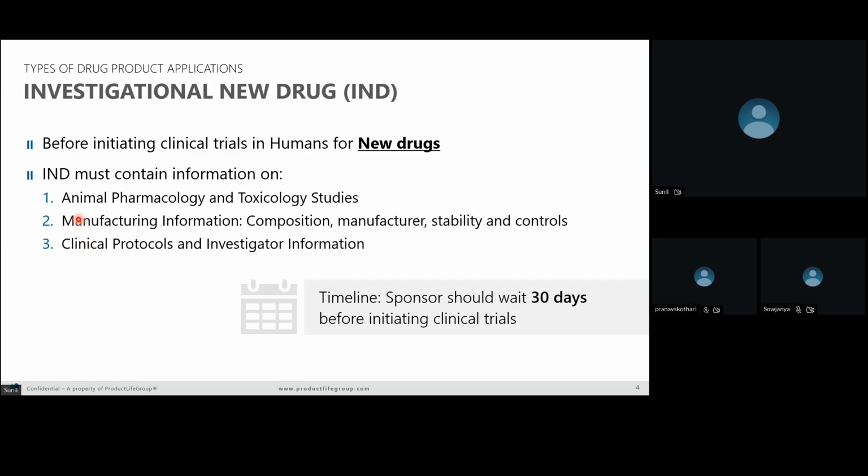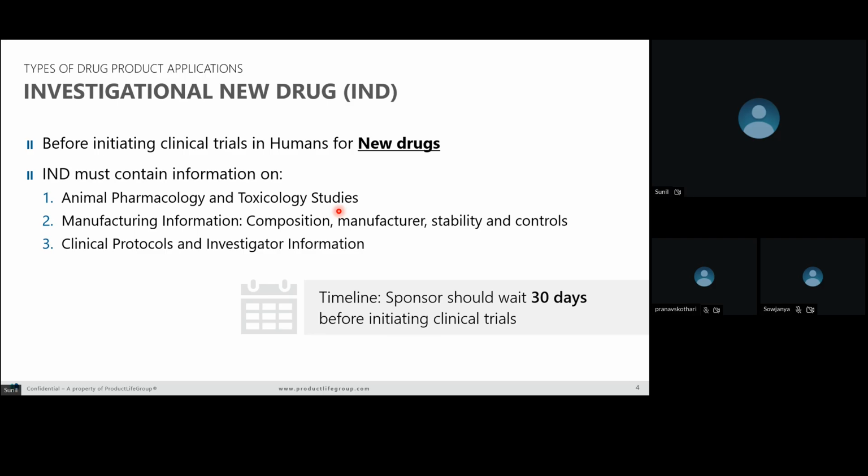The first type of data that you will submit is animal pharmacology and toxicology studies. Whenever a new innovative drug is invented, it takes several years for animal studies to complete. They will do animal studies on several species like rats, mice, dogs, monkeys, rabbits, and all. They will gather enough data of pharmacokinetics, toxicology, pharmacology, mechanism of action, and then they will build a confidence.